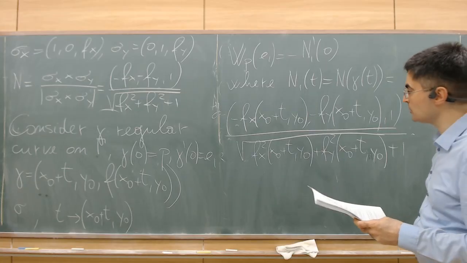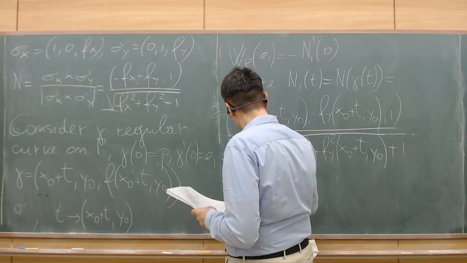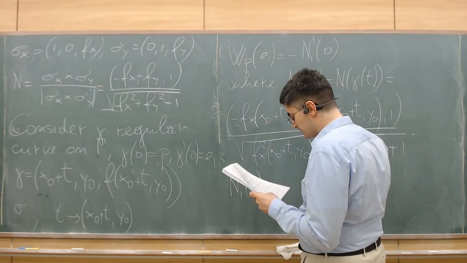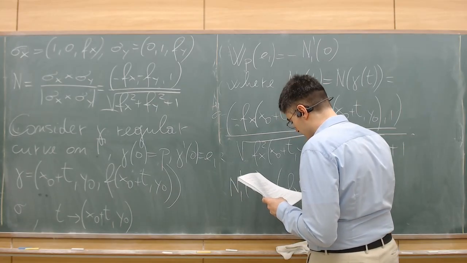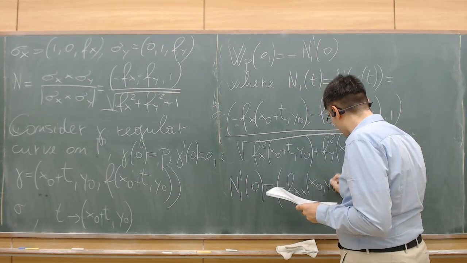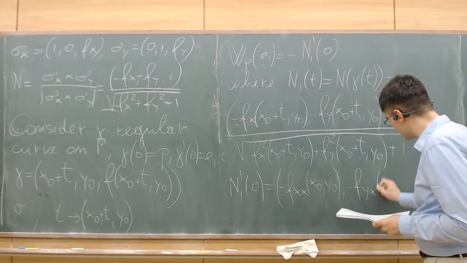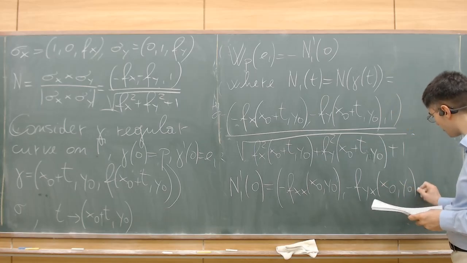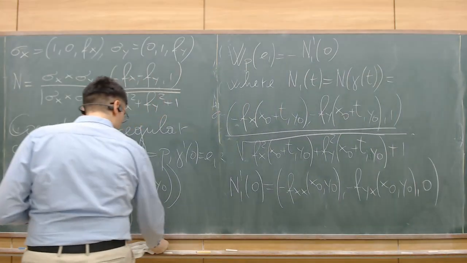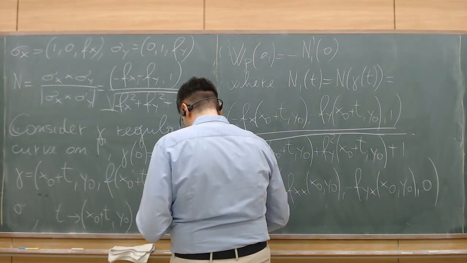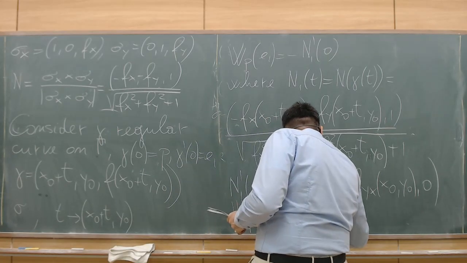Okay, if you make the computation, you will find that n1 prime of 0 is just minus fxx evaluated at this point, minus fyx evaluated at the same point, 0, and WP E1 will be minus n1 prime of 0.